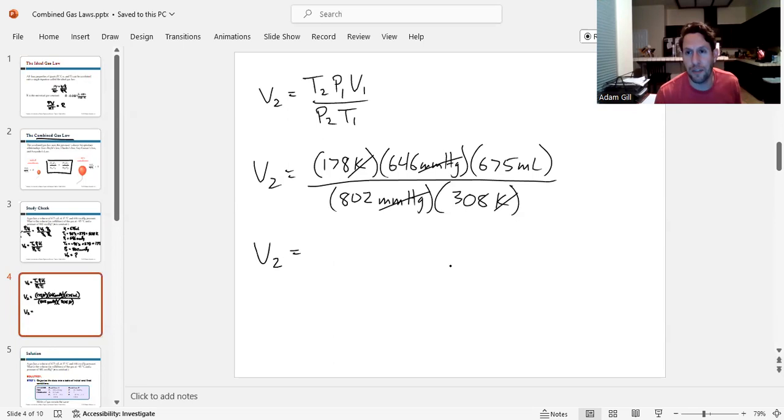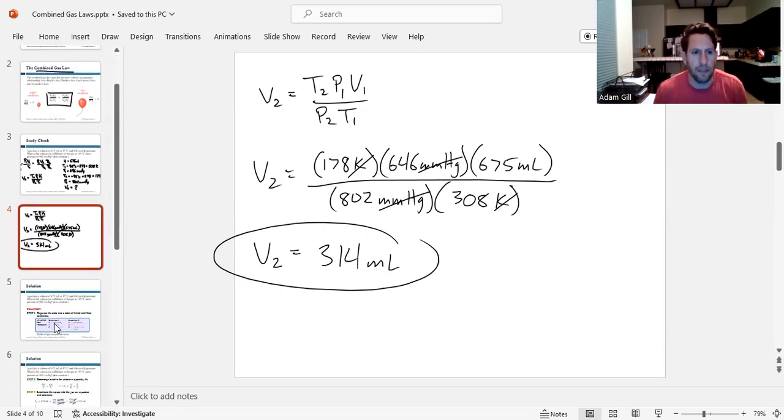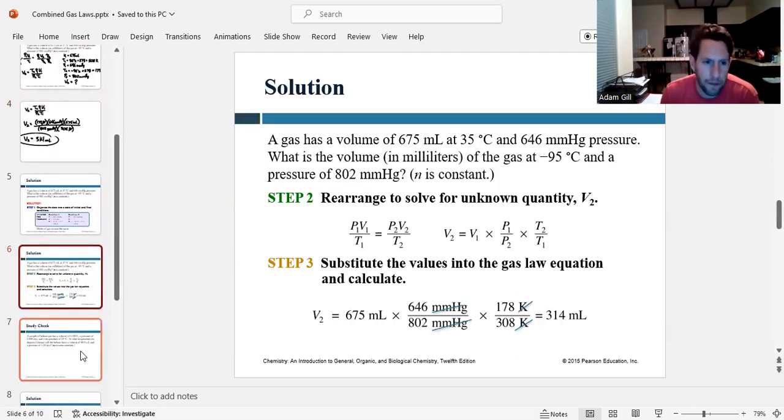Now let's plug it into our calculator. 178 times 646 times 675 divided by 802 times 308. I get 314 milliliters. And let's double check. Looks like we did it right.